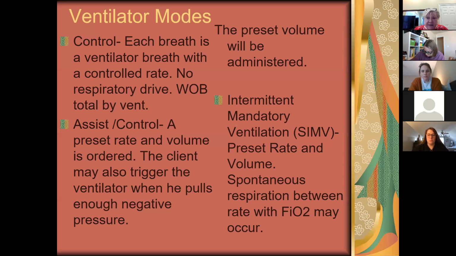They will deliver these, and that is all they're going to deliver as a whole, okay? Everything, all the work of breathing is done by the ventilator. So this would be somebody, for example, that is on a paralytic. They have no respiratory drive. This would be somebody with a high C-spine that have no respiratory drive, okay?